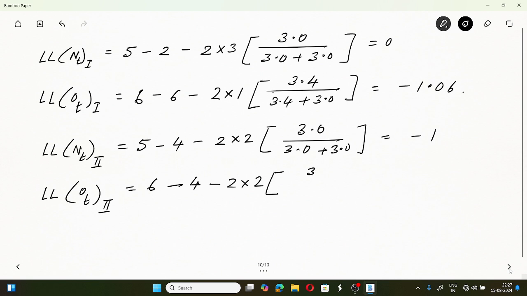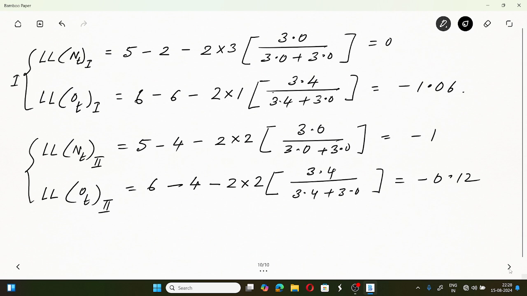So this is 3.4 for the electronegativity of oxygen, divided by 3.4 plus 3.0. So this value comes to minus 0.12. So this is for structure 1 and this is for structure 2.